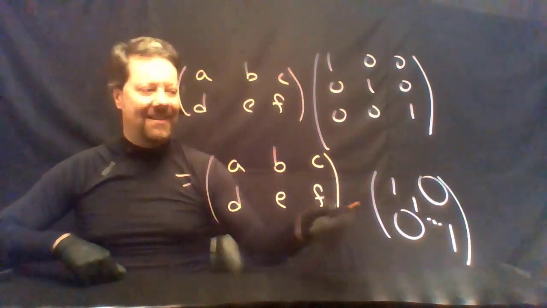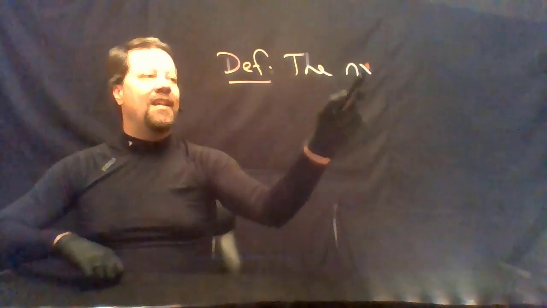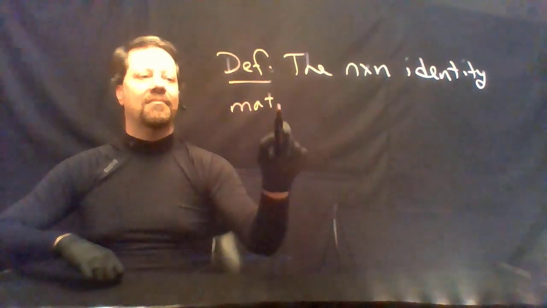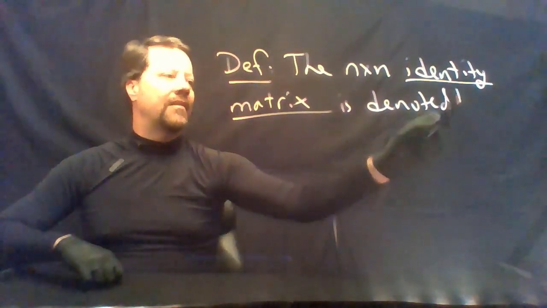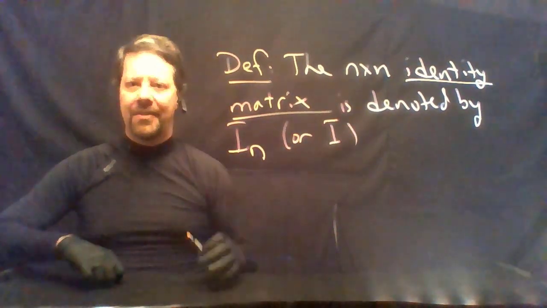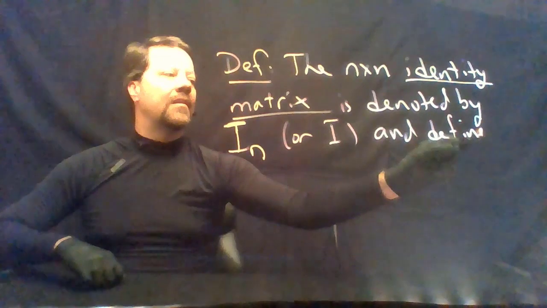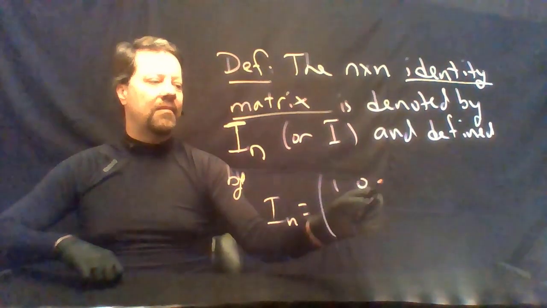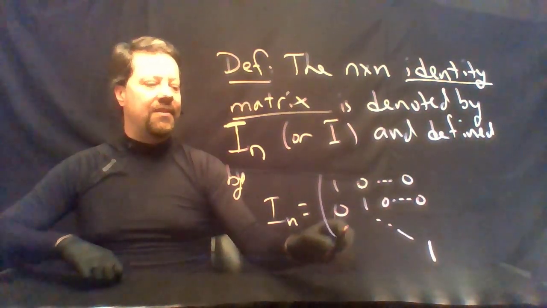which we can very informally write in this way. The n by n identity matrix is denoted by I sub n, or just I if there's no ambiguity on the particular application, and defined by I sub n is 1, 0, 0, 1, 0 after that, and we end up with 1s on the diagonal and 0s everywhere else.